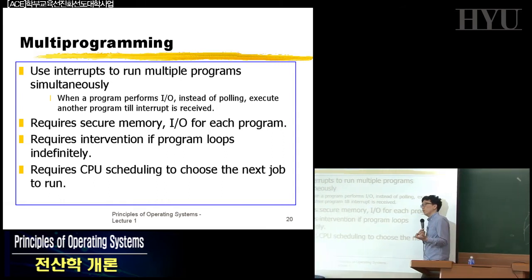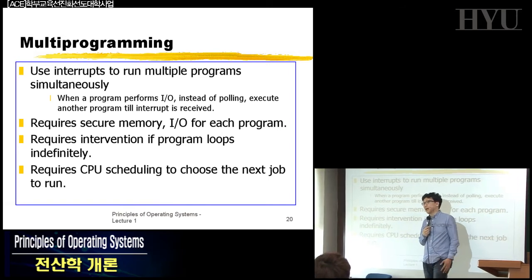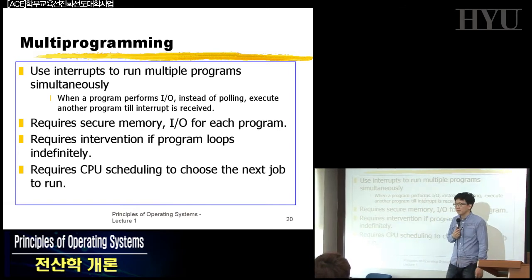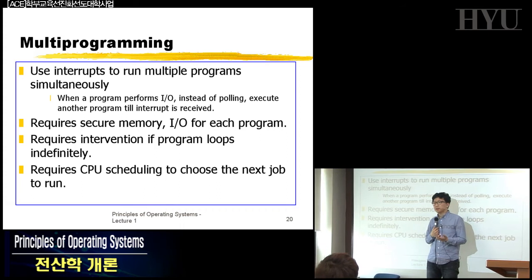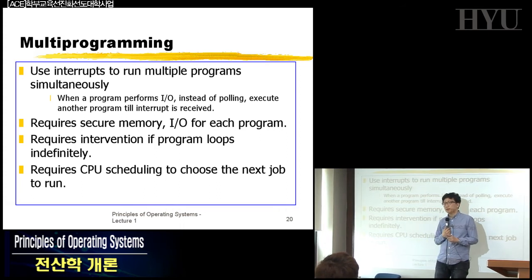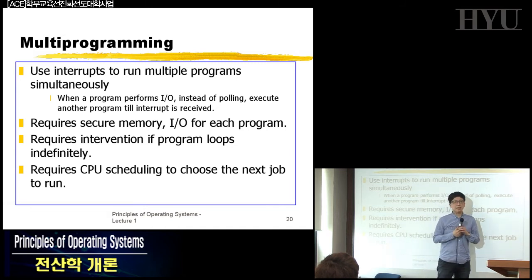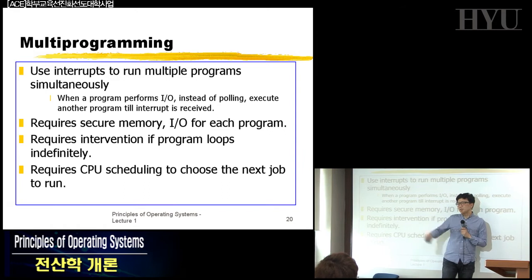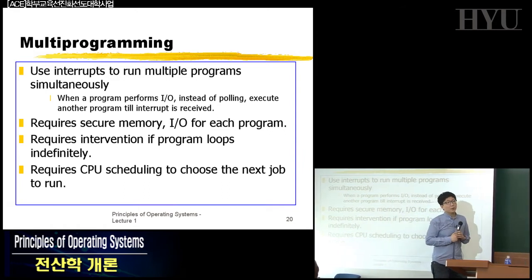So if one program is getting a data from DVD drive, that's I/O, input and output operation. And because that operation doesn't take a CPU time, so I'm gonna give a CPU to some other program is waiting. So when it's done, I'm gonna let them know, interrupt, just saying, I'm done. Give a signal to each other. So I/O is done.